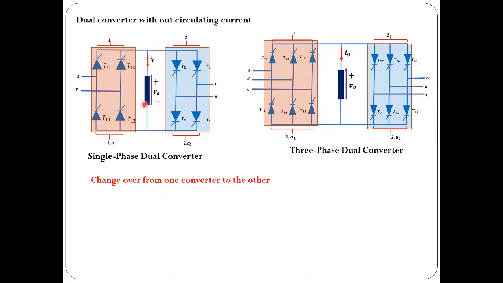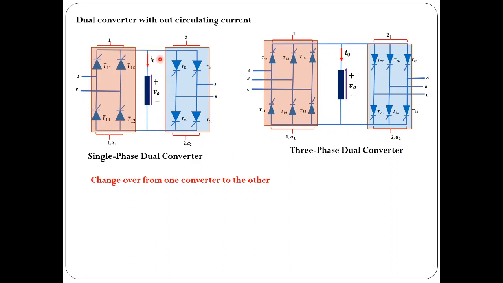For example, if I want to reverse the current, then what you should do? You should change the operation from converter 1 to converter 2. So you should change from one converter to the other converter, but that should not take place instantaneously. If that takes place instantaneously, there may be chance of large circulating current.